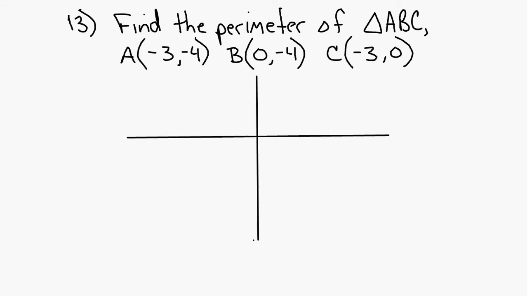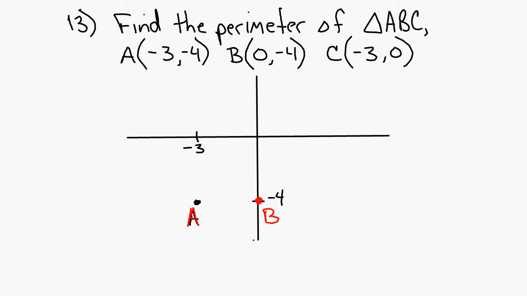So if you plot it, A is at -3, -4. So -3 and -4. B is at 0, -4. Okay, so here's A. Here's B at 0, -4.